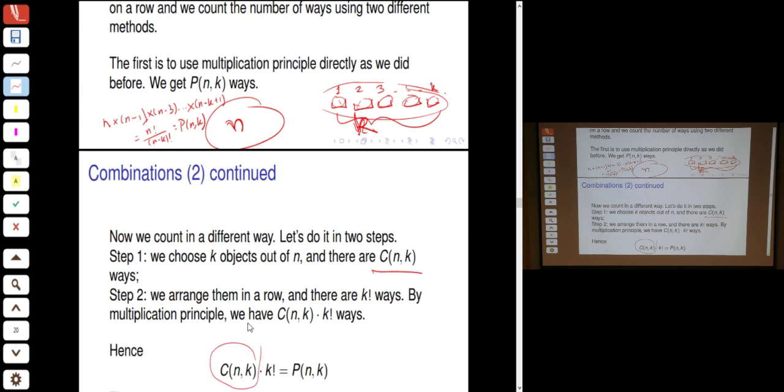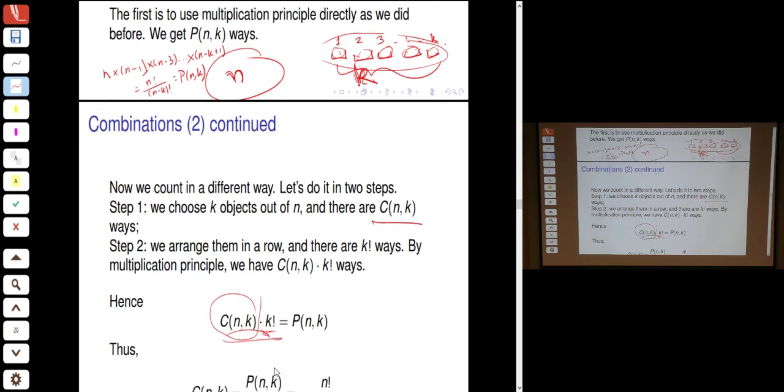Now, for each way of choosing the objects to be placed on the table, these could be arranged among each other on the table in a linear order in k factorial ways. So, the total number of ways of arranging or ordering k objects from n different objects on the table is C(n,k) times k factorial.